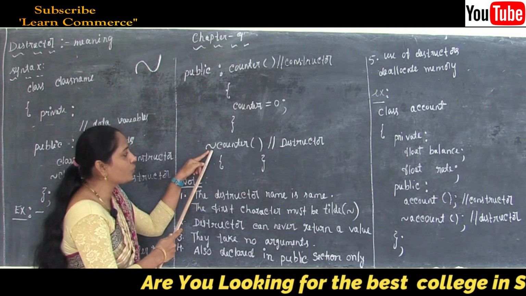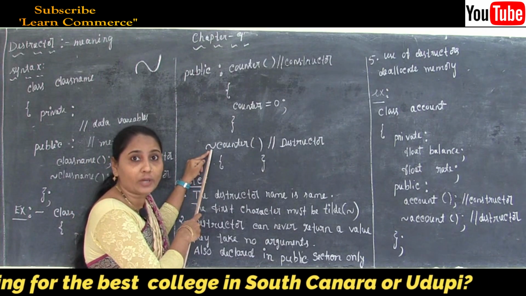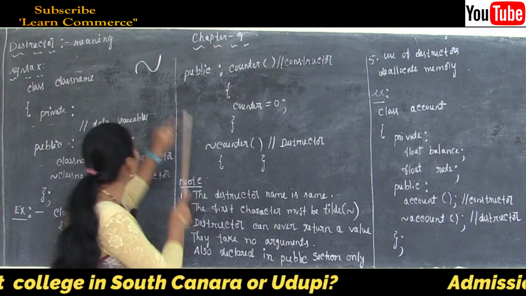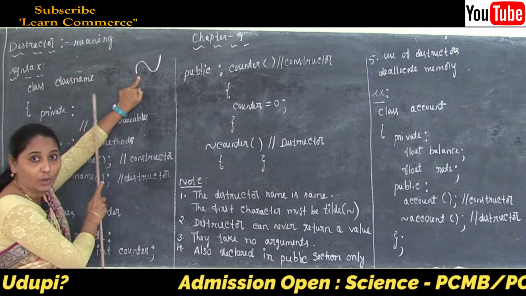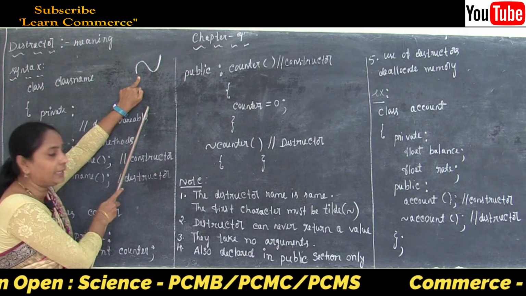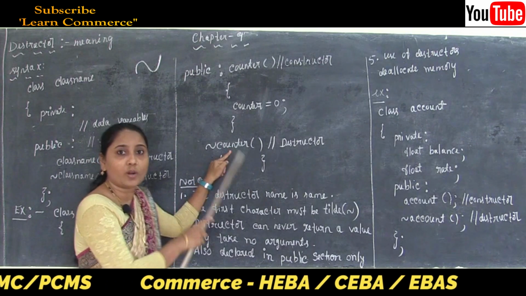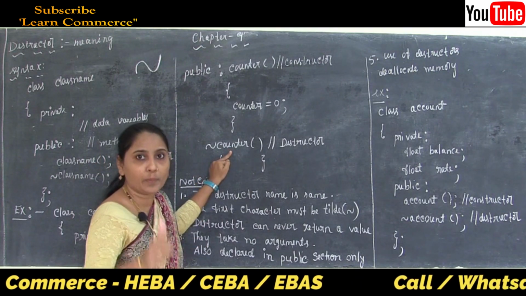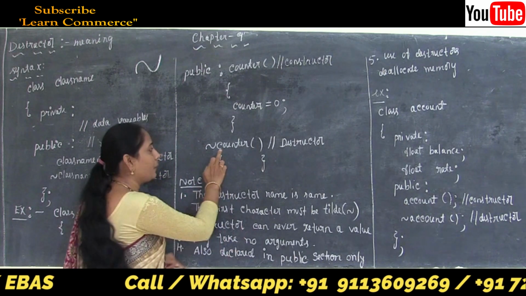I wrote it like a down to up for your remembrance, but it is not called down to up, it is called the tilde operator, TILDE. So the tilde, and next, we know the class name, constructor name and destructor name should be the same. So the same name I used.